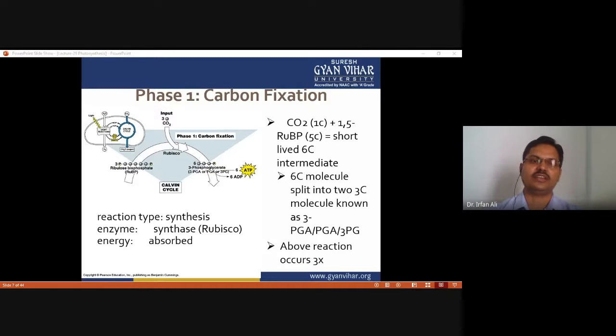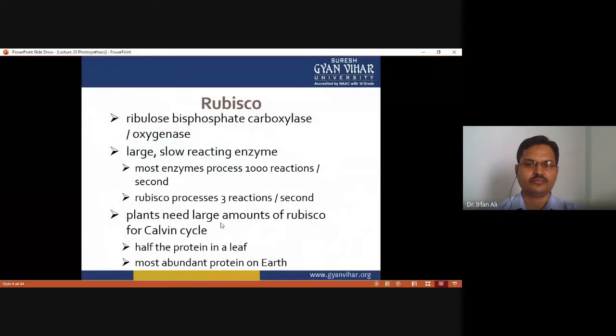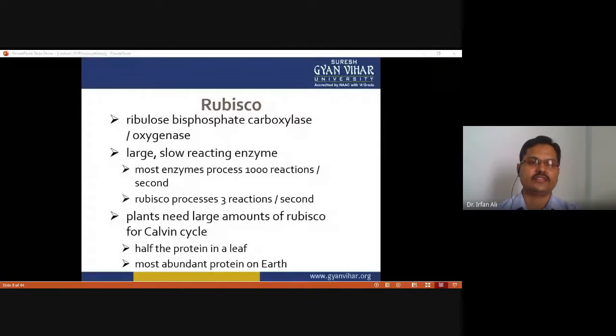So you have to see it in detail in this figure. Now what happened at the next step? You know that the Rubisco enzyme is named ribulose bisphosphate carboxylase and ribulose bisphosphate oxygenase. Why these two names are given?